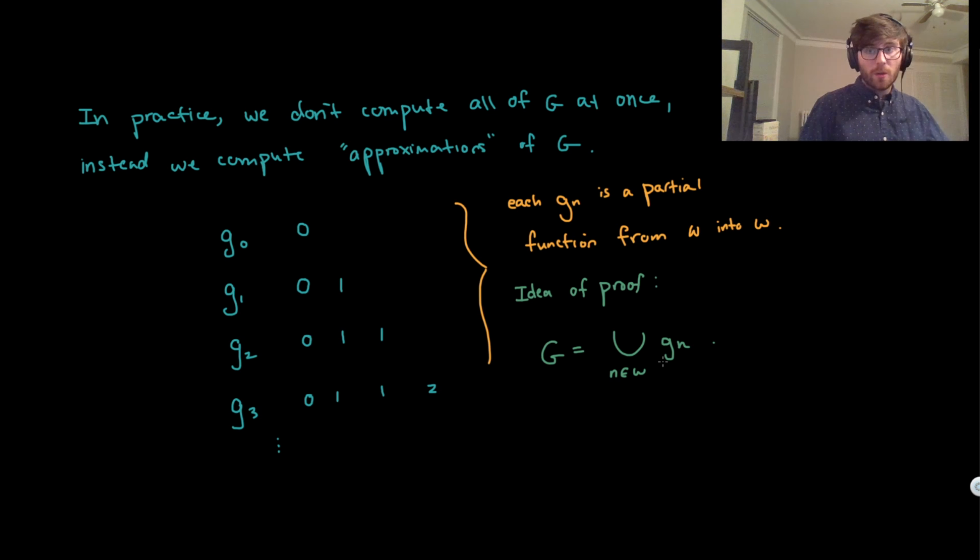So if we take the union of all of them, we're going to get a new function, and we're going to show that the domain of this new function is going to be all of A. I guess we'll have to do some more stuff to make sure it all works out, but this is going to be exactly our function G that we were searching for from the start.